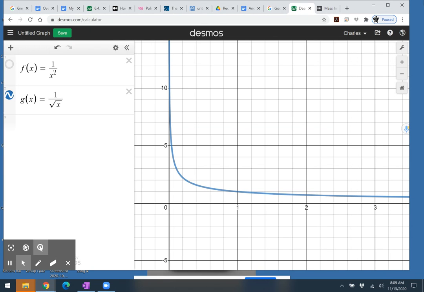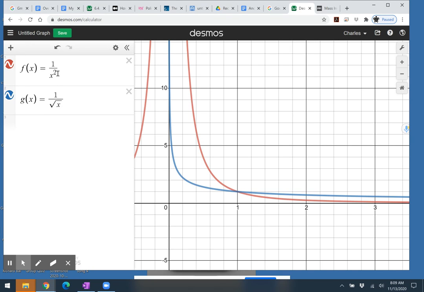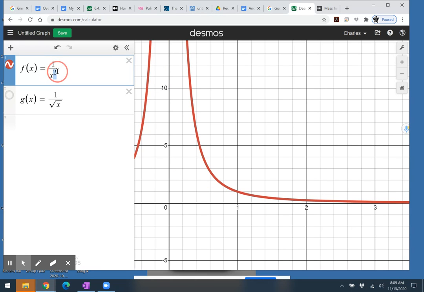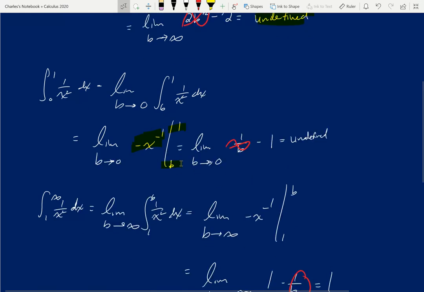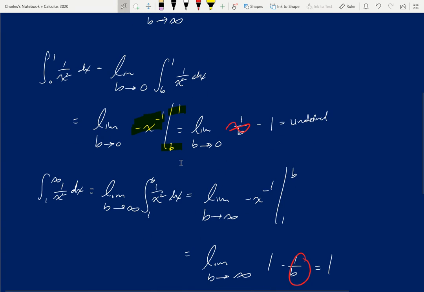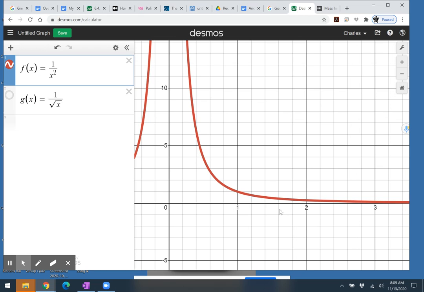But since it's not a normal year, I'll just tell you that if the power is not 1, which is a rare, unique case that we'll talk about later, like the integral of 1 over x, but if it's 1 over x squared, 1 over x cubed, 1 over x to the 4th, and the exponent right here is greater than 1, the side that is going to converge is the side that converged in the 1 over x squared case. By the way, converging means it has a finite value. This from 1 to infinity will converge if this exponent is greater than 1.